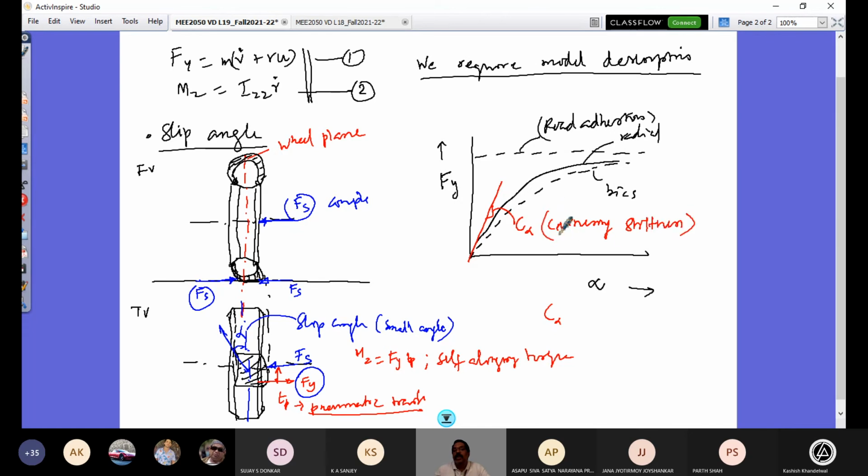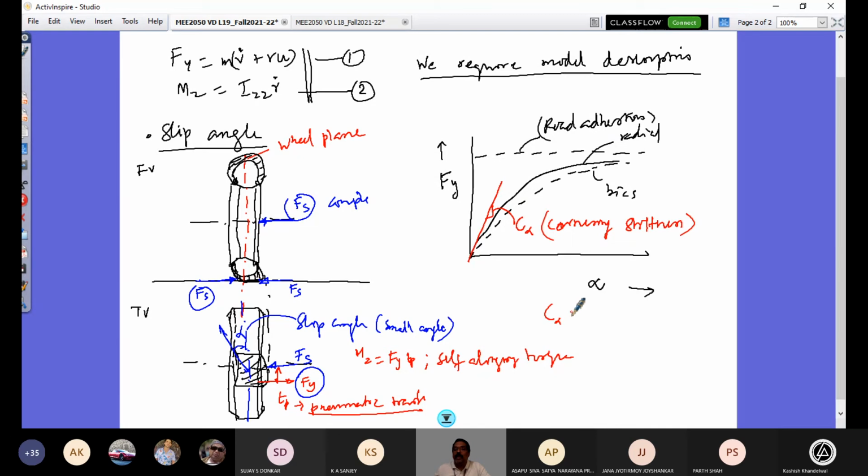So you should understand this cornering stiffness is not similar to radial stiffness. Radial stiffness, you have studied in your quarter car model. That stiffness of the tire is what is called the radial stiffness of the tire, and that is to account for the elastic force that comes into your quarter car model. And here, cornering stiffness is necessary for your Fy.